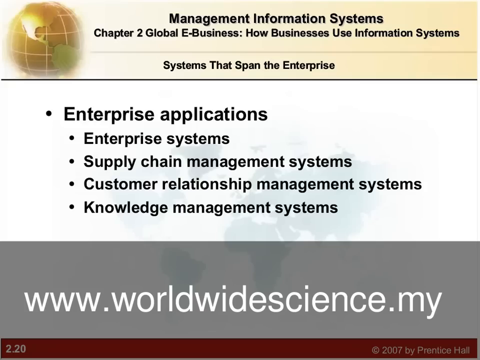We have sales and marketing, financial and accounting, and human resources. These different systems are all integrated in an enterprise system or ERP system in order to share the information among them. The supply chain management system helps the organization manage its relationship with its suppliers, and the customer relationship management system helps the organization have a better relationship with its customers.